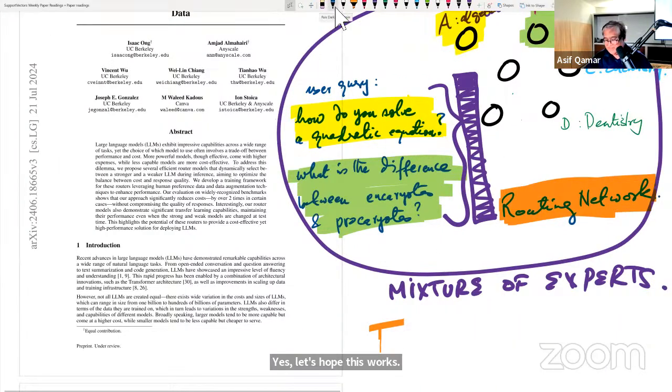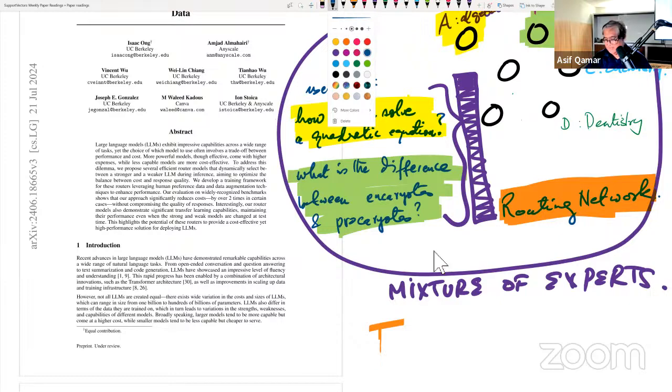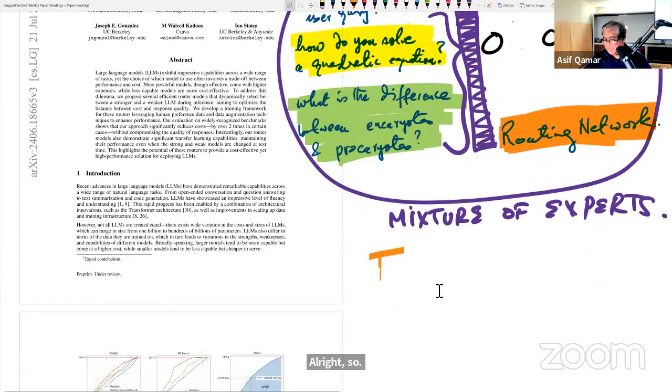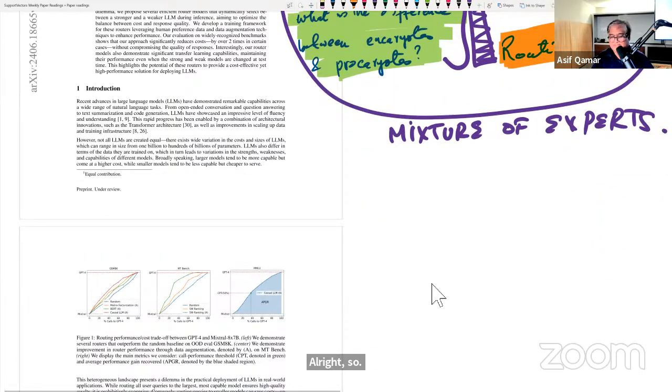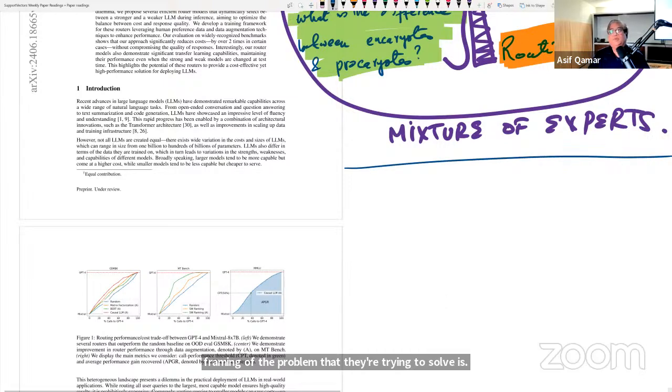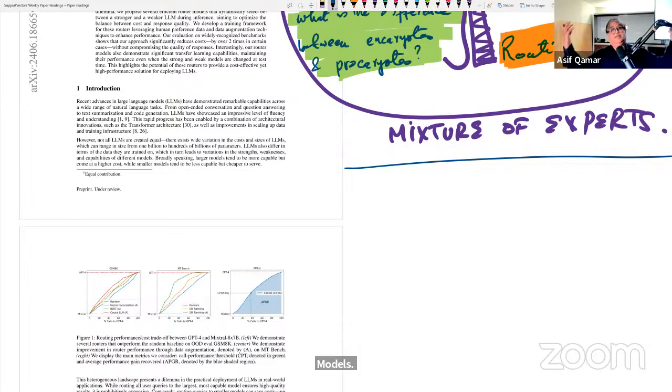All right, so the framing of the problem that they're trying to solve is this. They say, let's imagine a world in which there are 2 kinds of models. A strong model, imagine a GPT or a Claude or a Gemini class model, a big model, and a small model.